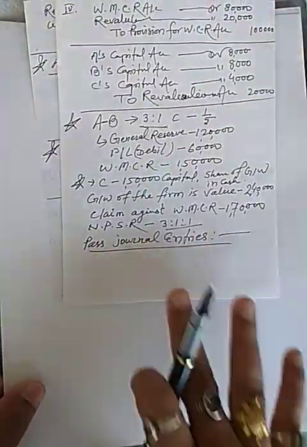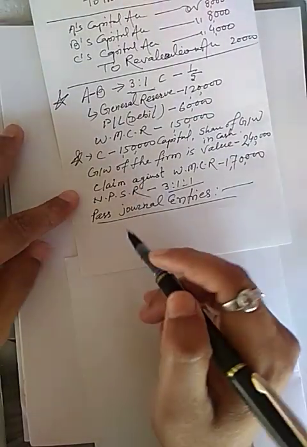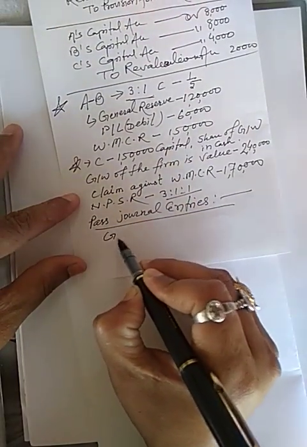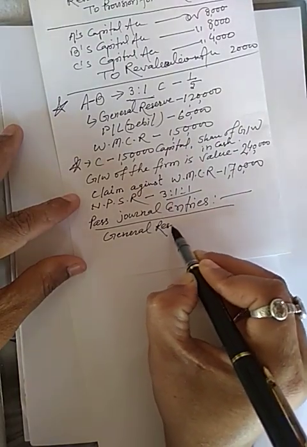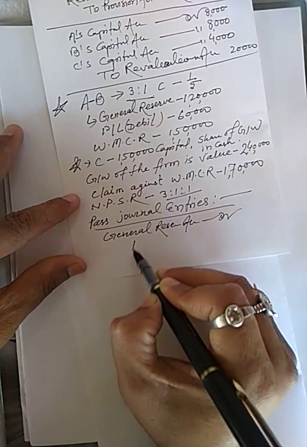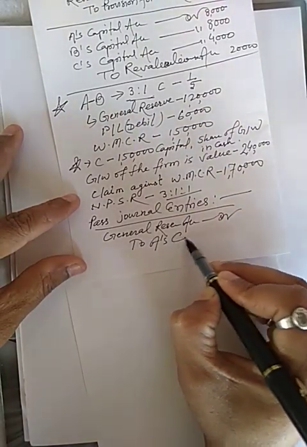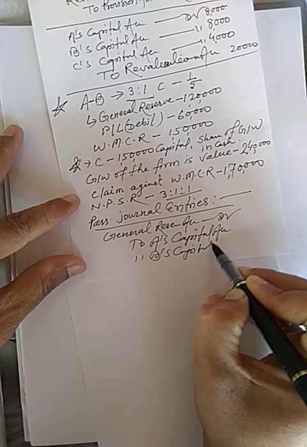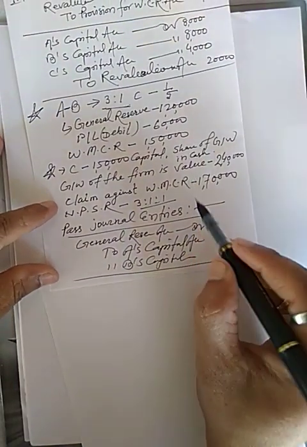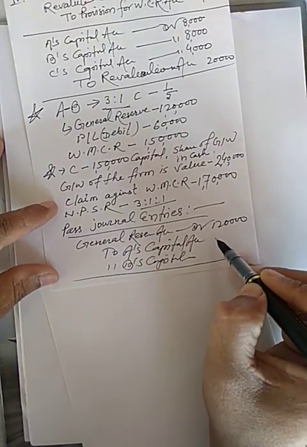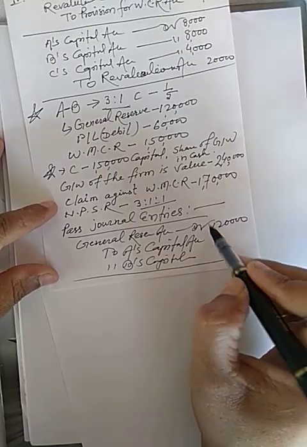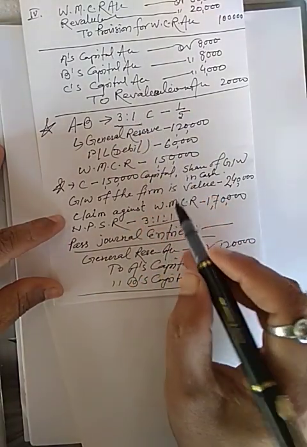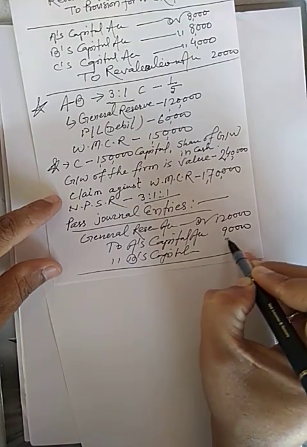Now you can see the journal entries. The first journal entry will be for general reserve. General reserve account DR to A's capital account, to B's capital account, and it is given 1,20,000. So it will be distributed among partners in the old ratio 3:1 and it will be 90,000 and 30,000.